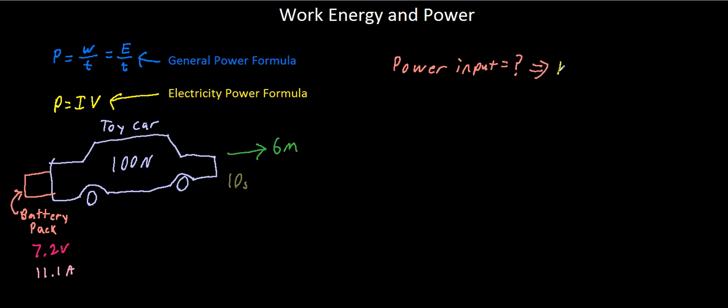We'll say power in, though, since it's the input, and that it's equal to current times voltage, which we just wrote out. We already know what those two numbers are. The current is just 11.1 amps, and our voltage is just 7.2 volts.